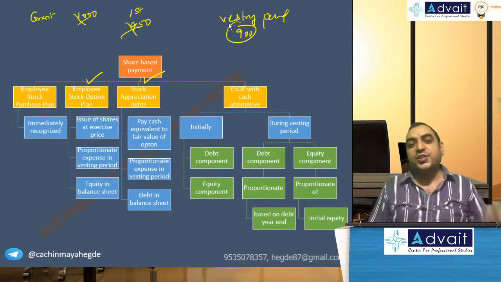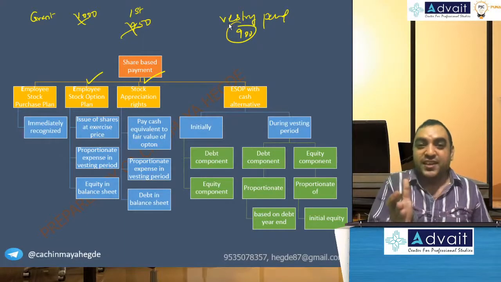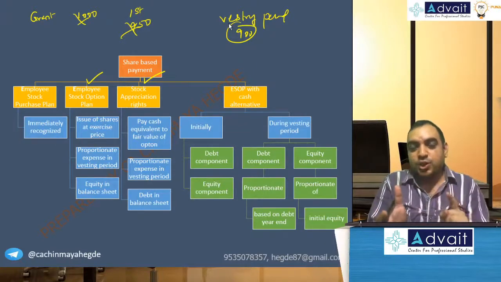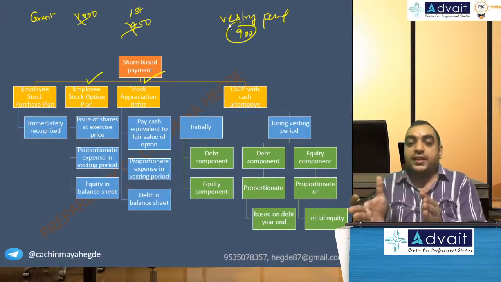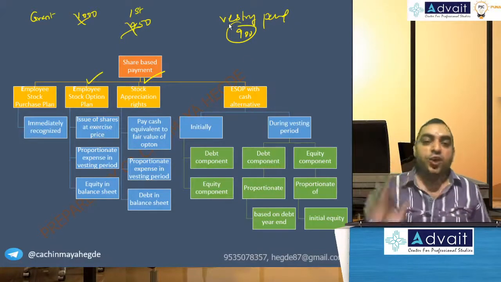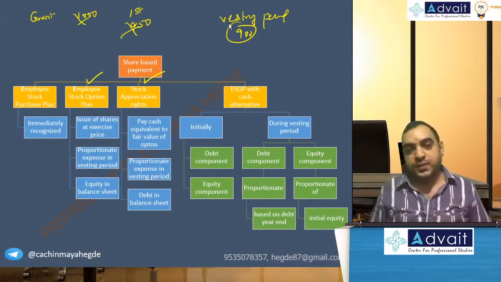Management expectations, management estimates are used. At every year end, management should give, in the examination the exam question will give, how many employees are expected to satisfy the condition and vest at the end of the vesting period. For that number of employees, you are going to recognize expense.